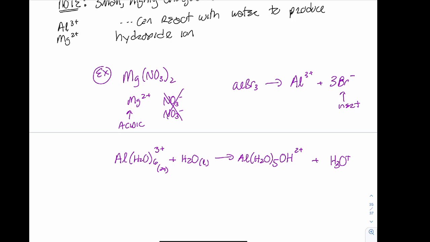I just want to make sure you guys are following that because it's kind of weird. So I had 6 water molecules that are essentially bonded to that aluminum, because water is neutral and my aluminum has a +3 charge. If I'm going to bond things that don't have a charge to something that has a +3 charge, the whole thing still has a net charge of +3.